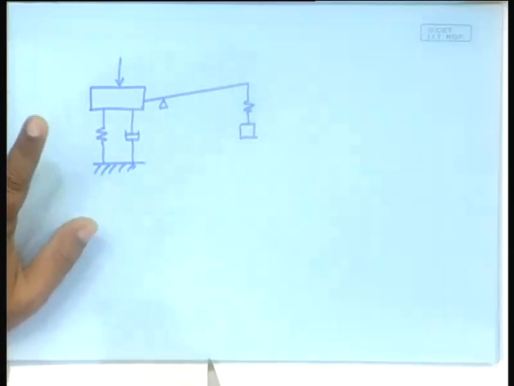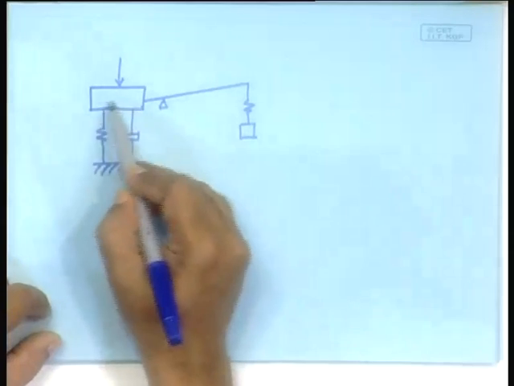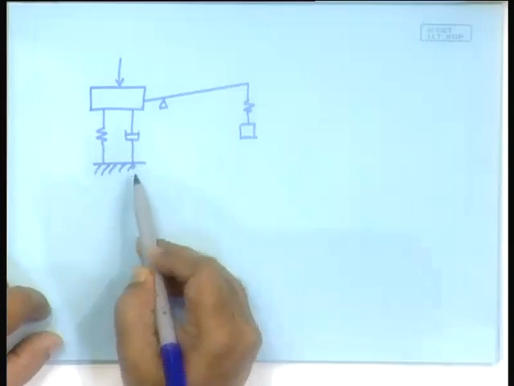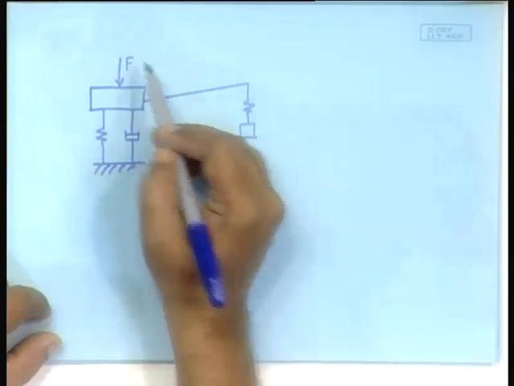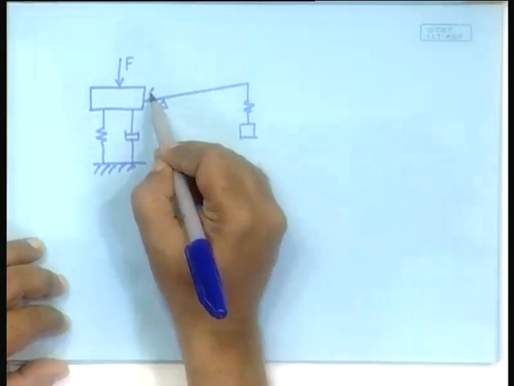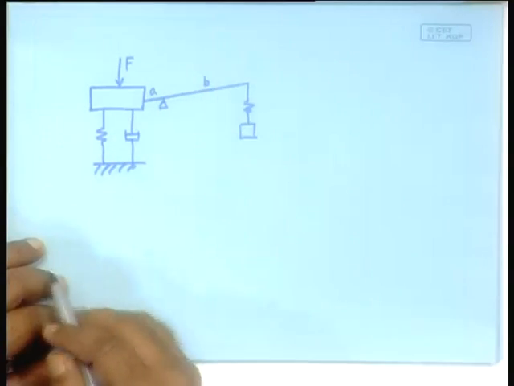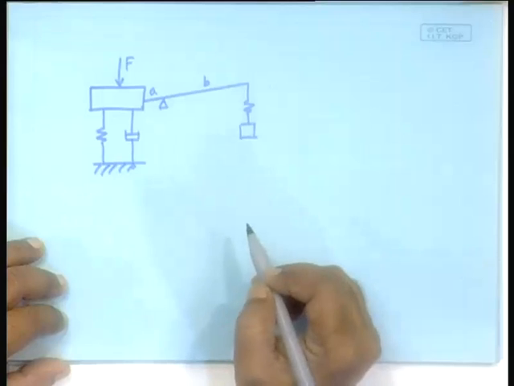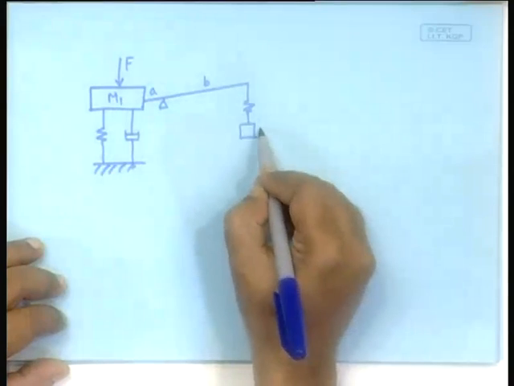Fine, this is what we did earlier. A system with a mass, spring damper arrangement connected to the ground with a force acting on it, and this is a lever with A B ratio, and here is another mass M2. So, this is M1, this is M2.